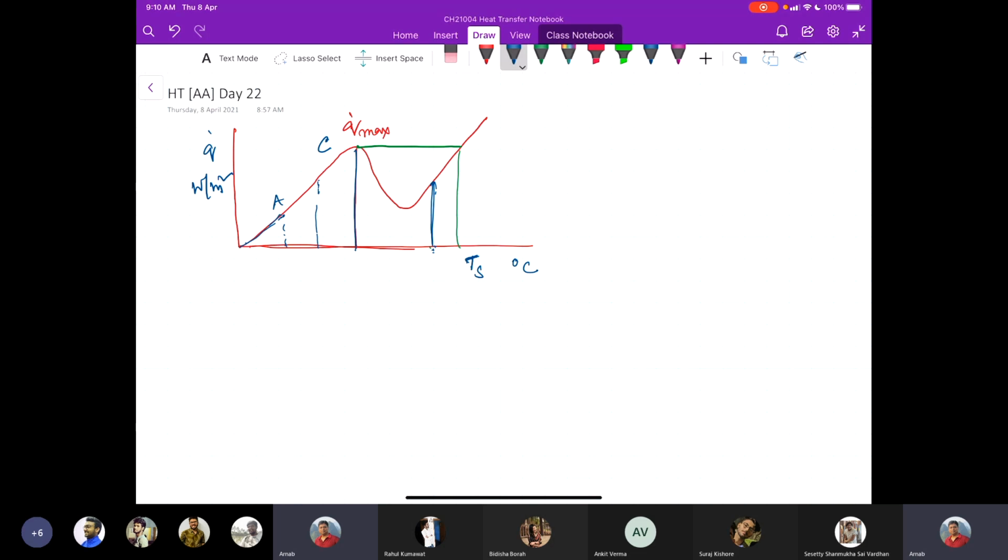And then this part A to C consists of the nucleate boiling, where at an intermediate point B between A and C there would be this change from natural to nucleate boiling, where you would see the bubbles are forming and it collapses in the liquid. And then in this B to C range, C is basically here.